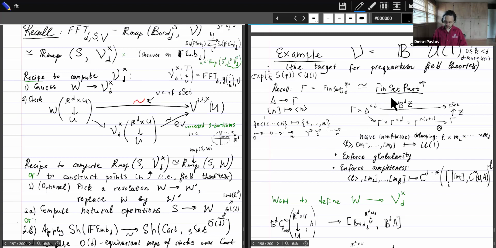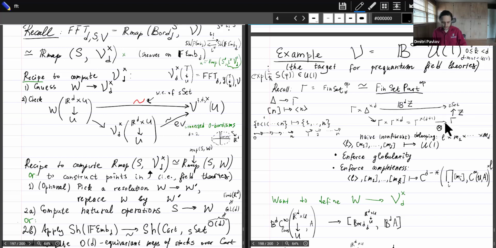And then to define the d-looping as a functor from gamma times delta d to simplicial sets, let's take our original gamma space Z. In our case, this will be U1. And let's compose it with this functor from gamma times delta d. You first apply the forgetful functor to gamma times gamma d, or in other words, gamma d plus 1. And then there's a monoidal structure on gamma, which is given by the product of sets.